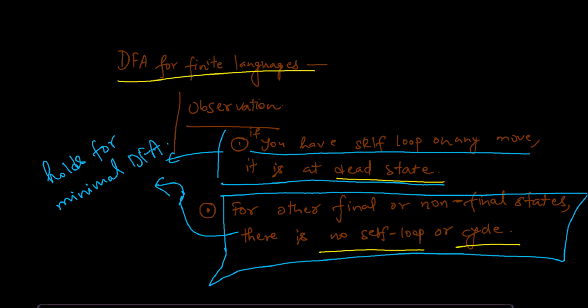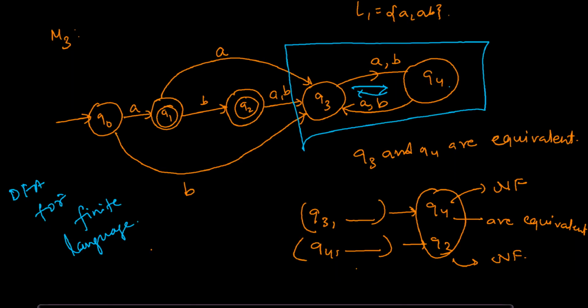Okay, listen. If you have a self loop on any move, it must be a dead state in case of minimal DFA. But if we talk about any DFA, let's say this was any DFA, then also, between the initial state and the final state, you won't find any loops.